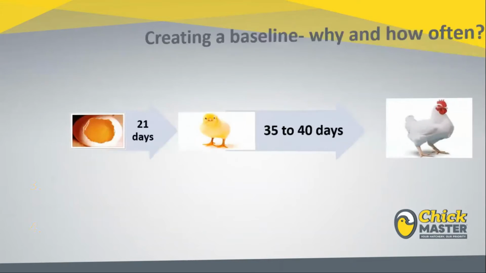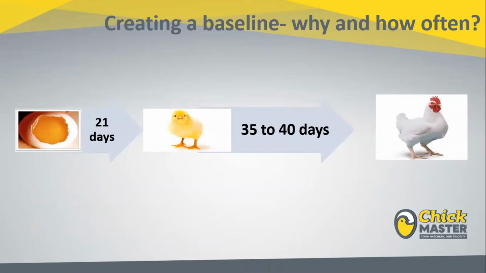We will start with a quick introduction. From the start of the cell division, or the embryo development, until we obtain a well-prepared chick for the rearing farm, the egg needs 21 days in the hatchery machines, which represents 30% of the whole life of the chicken, as the chick needs more or less 40 days to become a chicken ready for the slaughterhouse.